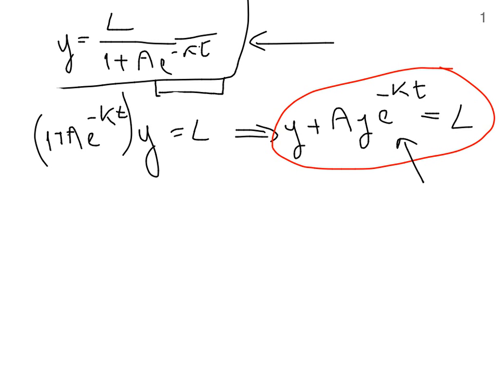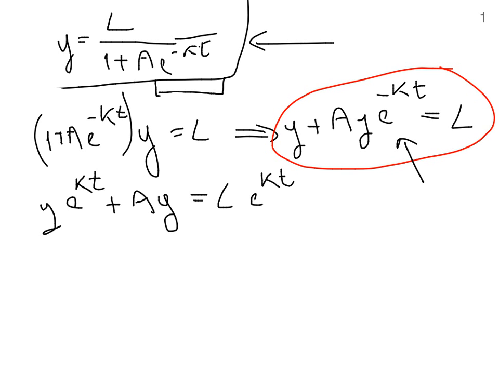So let's just multiply by e to the kt, and let's see what we get. So we have y e to the kt plus a y equal to L e to the kt.